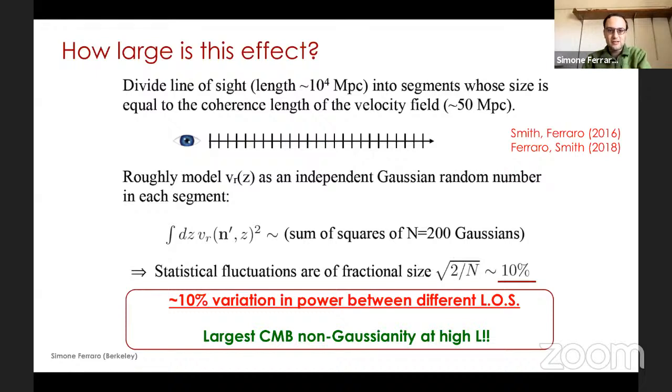Okay, so we saw that by looking at this non-Gaussianity, the variation of the signal across different sight lines, we can detect the KZ. But the next question is, does this allow us to distinguish the reionization from the late time component?